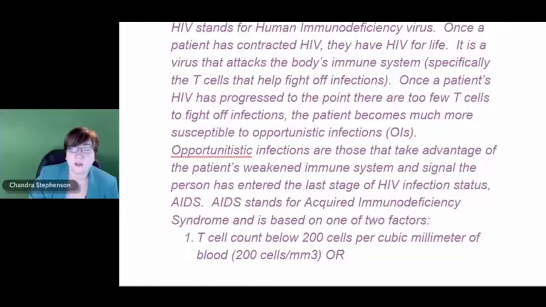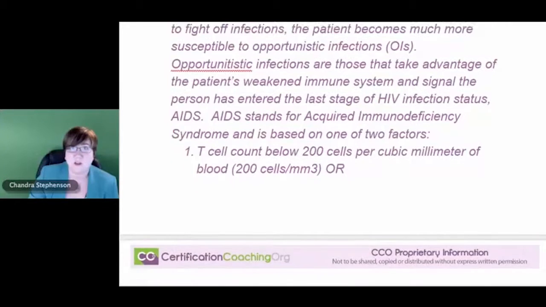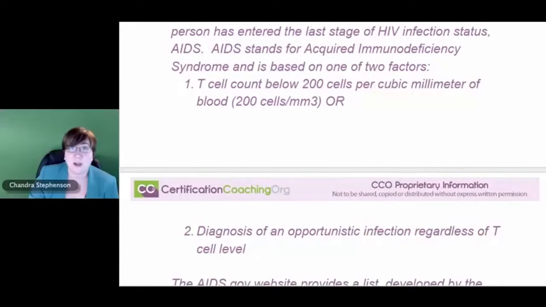So if the virus is attacking their own immune system, it's going to progressively get worse, right? There's going to be more of these HIV virus cells developed in the patient's body, and it's going to attack more and more of the immune system, and they're going to get weaker and weaker from a defense perspective, and they're going to get sick a lot easier.